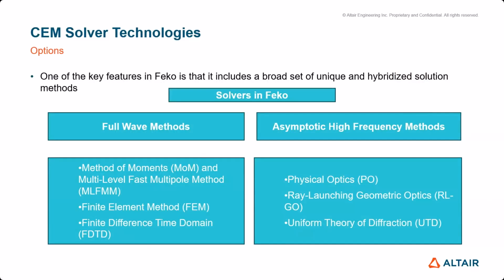The full wave methods are exact solutions of Maxwell's equations, while the asymptotic or high frequency methods are approximation methods, so they provide approximate solutions. Under both these umbrellas, the full wave methods as well as the asymptotic high frequency methods, we have a couple of different types of solvers.